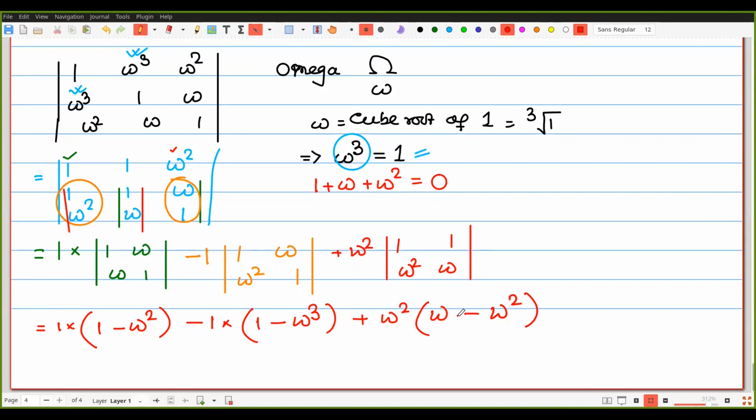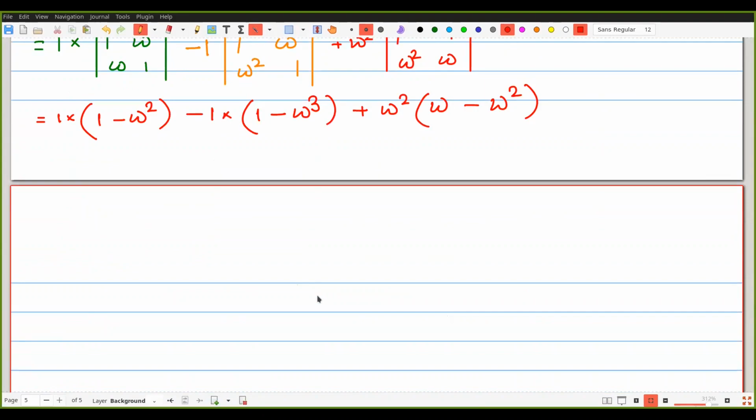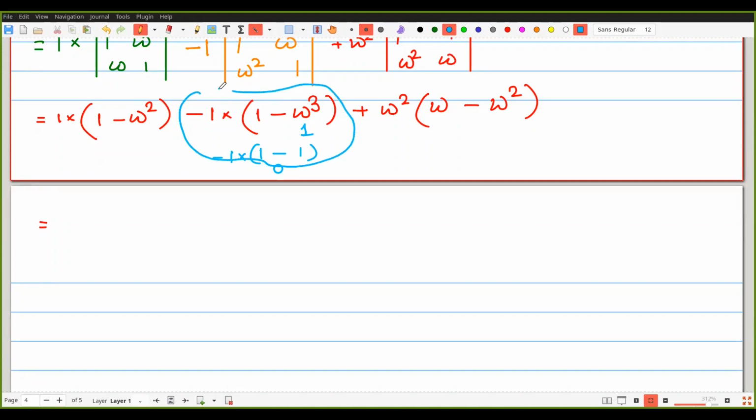Now the very first one is here: omega cube can be written as 1. So that one becomes 1 minus 1, that is 0. So that portion is now 0. We can omit it. So we write 1 minus omega square.